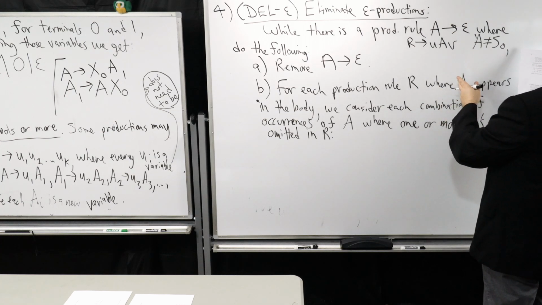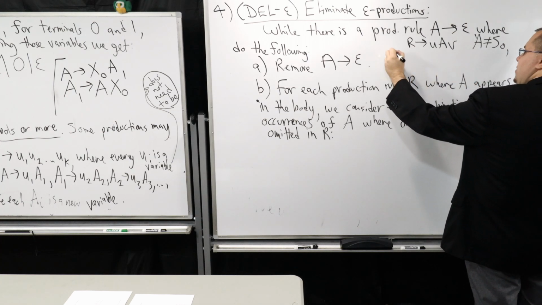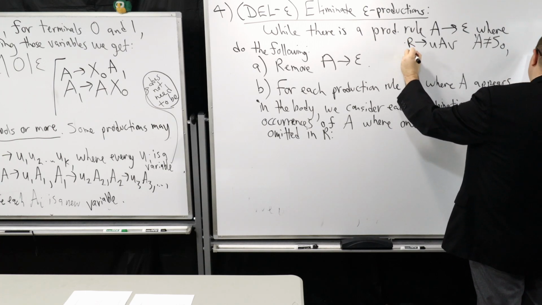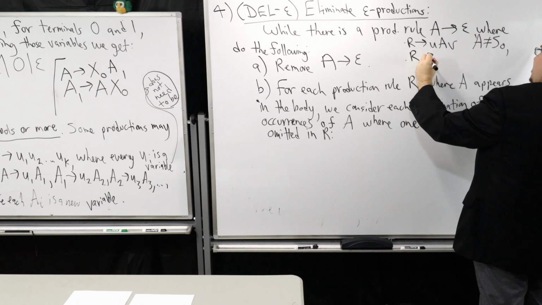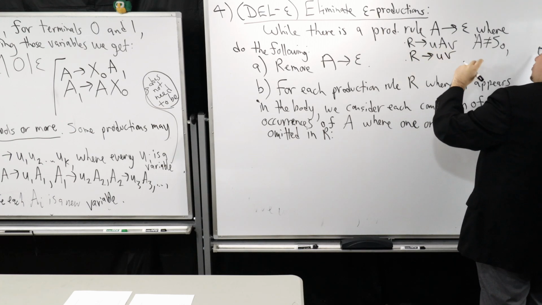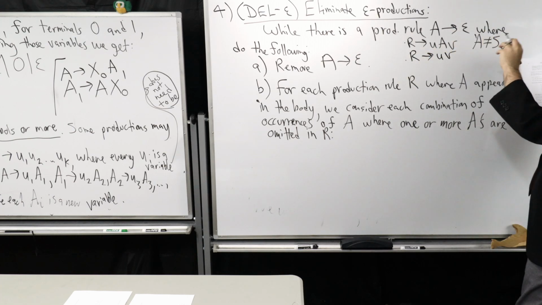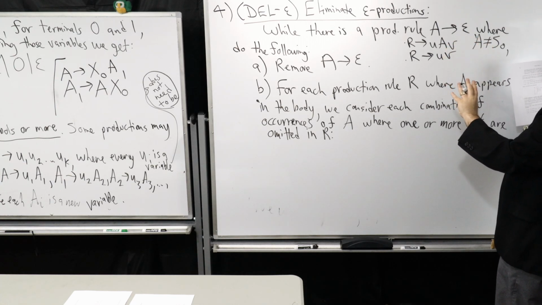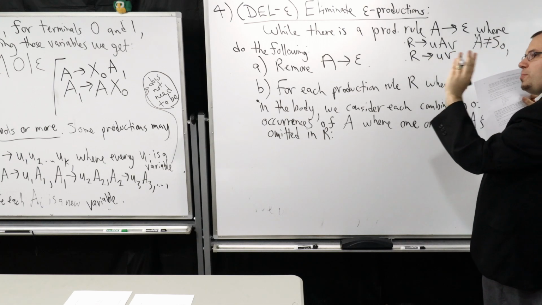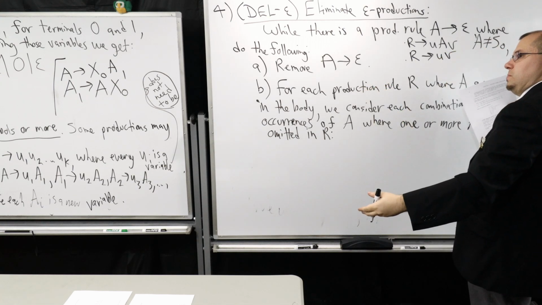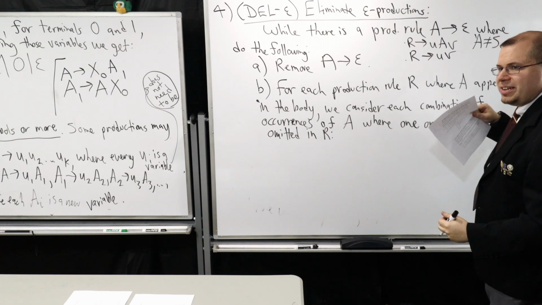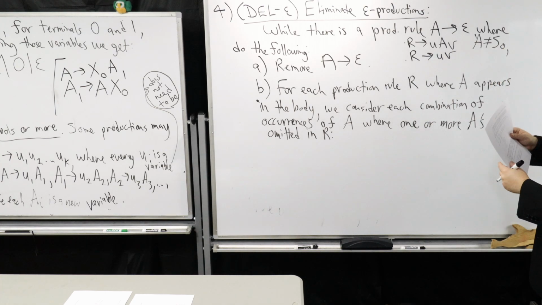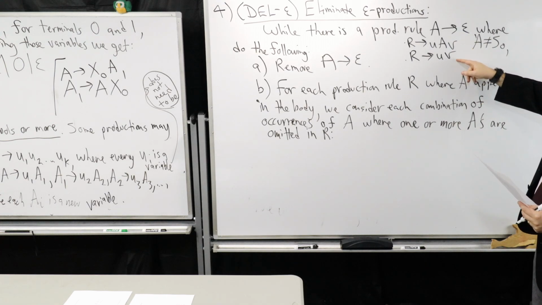What I'm telling you is that if this appears, you're going to add another rule where we're going to consider removing A. So this is going to be the case you're going to run into most often. But notice that the form of our productions, you're just going to end up with possibly at most one symbol sitting every single time in a production rule. Every one you add, you don't remove this, you just add this new one.